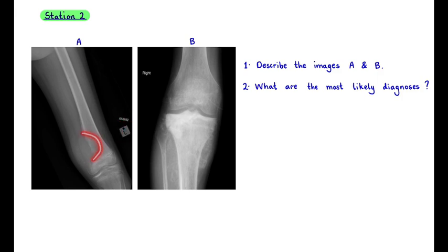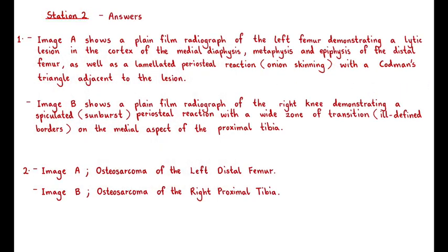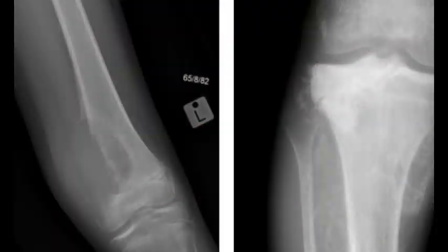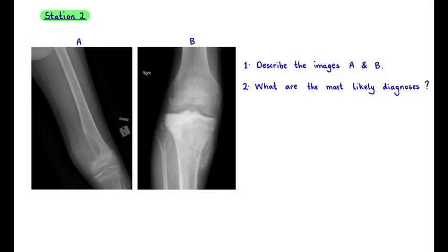This is a lytic lesion in the cortex of the medial diaphysis, metaphysis, and epiphysis of the distal femur, as well as a lamellated periosteal reaction with a Codman's triangle adjacent to the lesion. So this is the Codman's triangle we were talking about. Periosteal reactions are just reactions of the periosteum to the tumor that is growing rapidly.